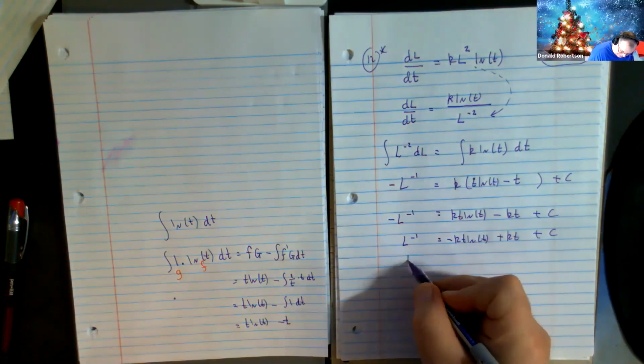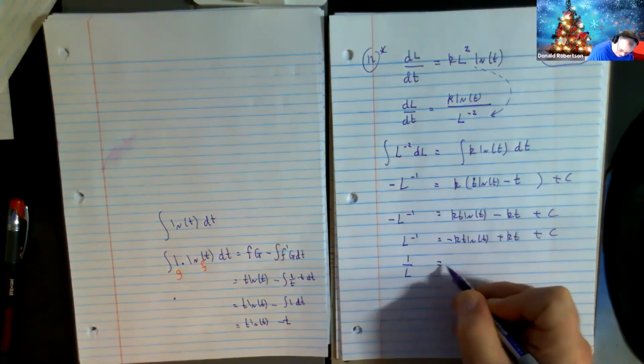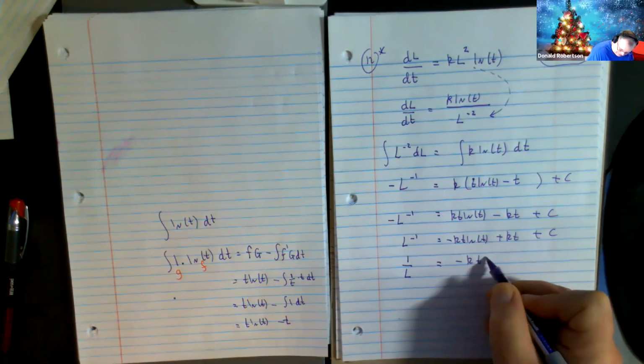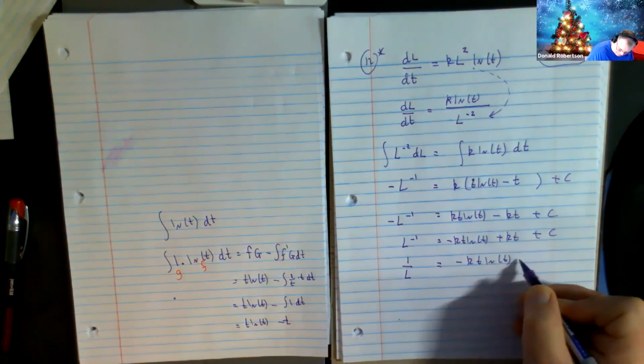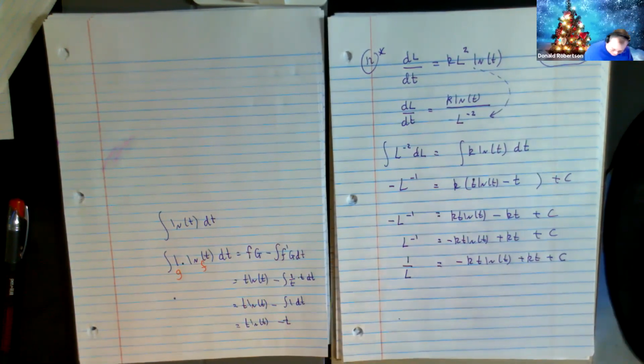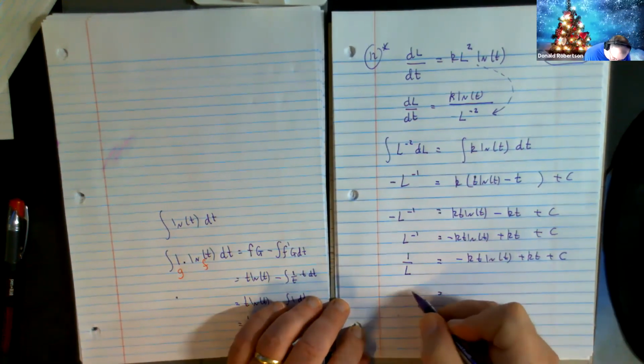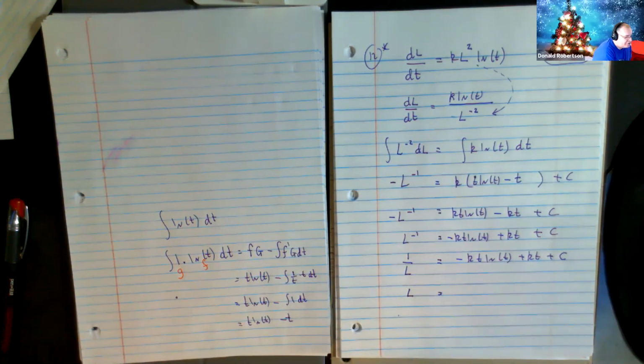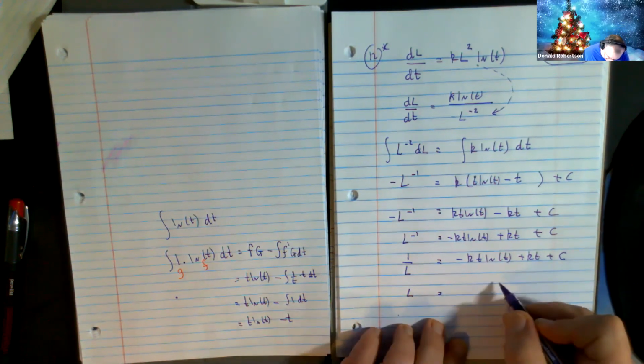Now this fella looks like that. And I think we've seen, is this about the 3rd time today this has happened? We got a 1 over somebody and we want to make it an L. And that's 1 over that.